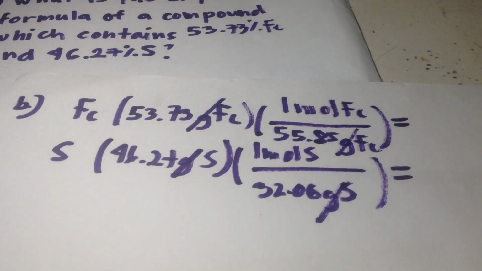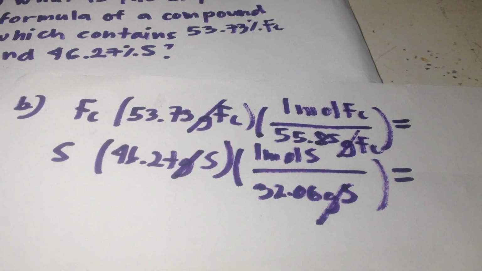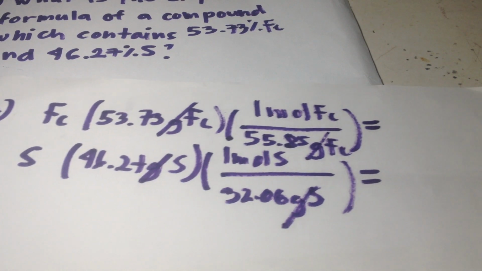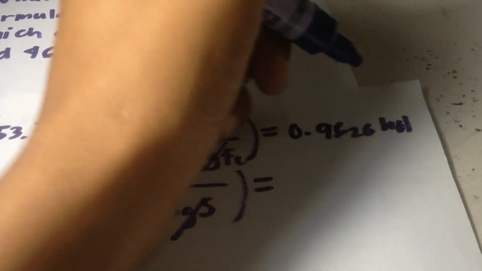So 53.73 divided by 55.85 is equal to 0.9620 moles of iron.